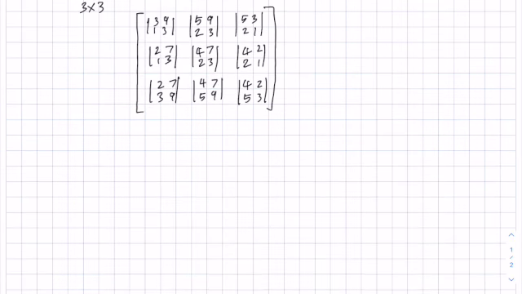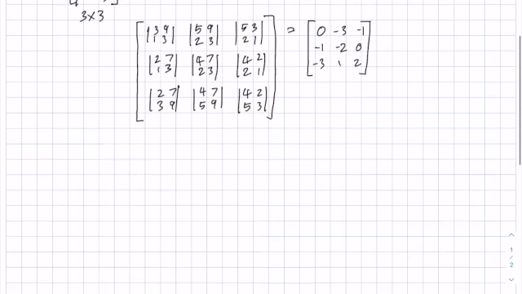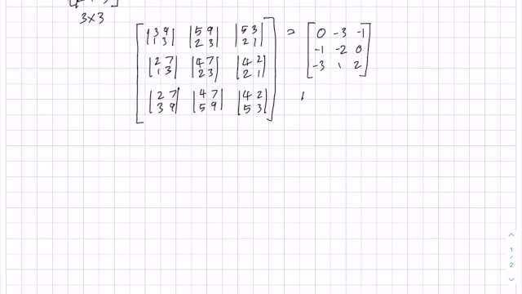So if I solve this entire thing out, I should get 0, -3, -1, -2, 0, -3, 1, and 2. Now that we have this, this is our matrix of minors.